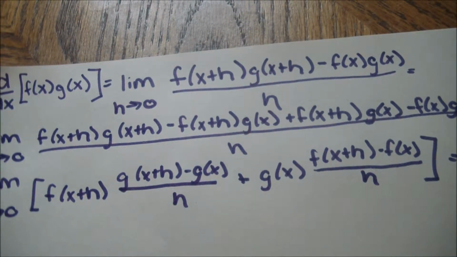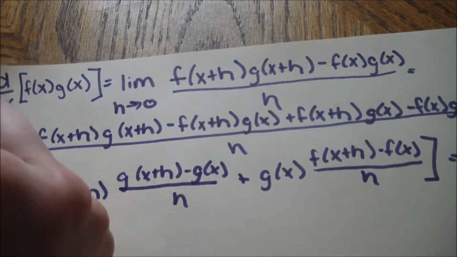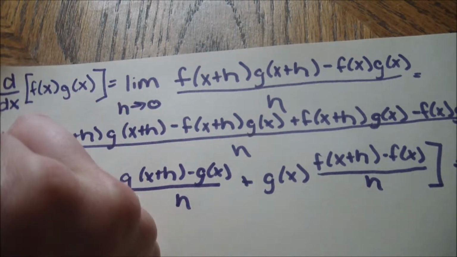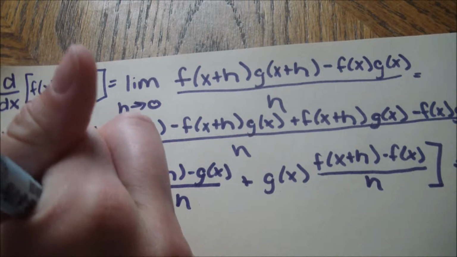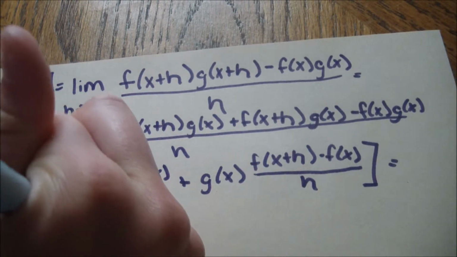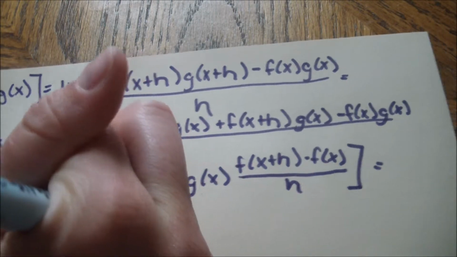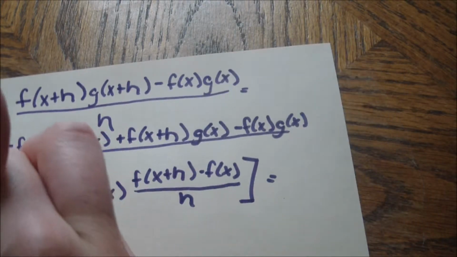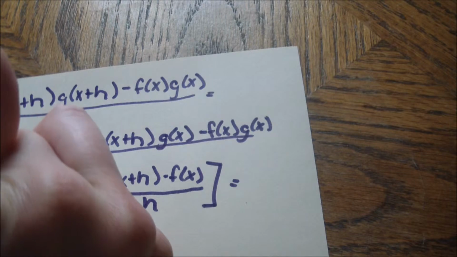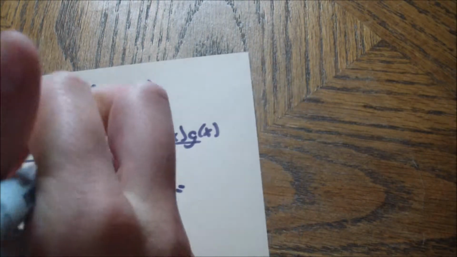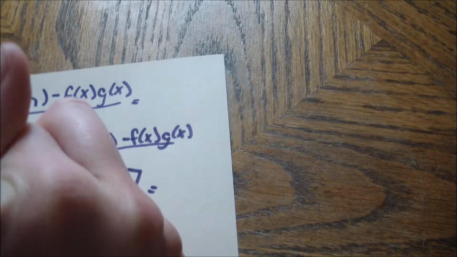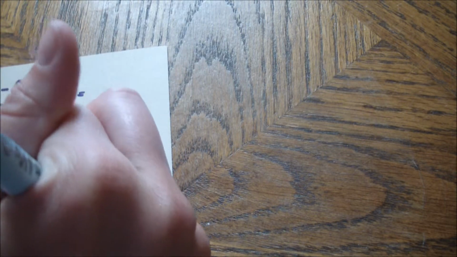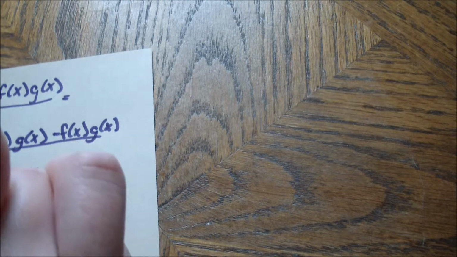Alright, simplify that a little more, and we get the limit as h approaches 0 of f of x plus h times g of x plus h minus g of x over h, plus the limit as h approaches 0 of g of x times f of x plus h minus f of x over h.